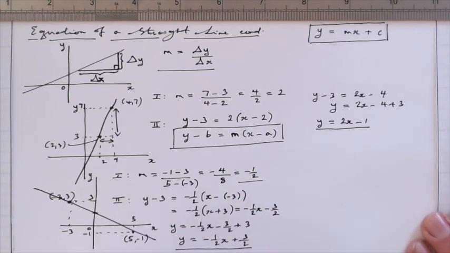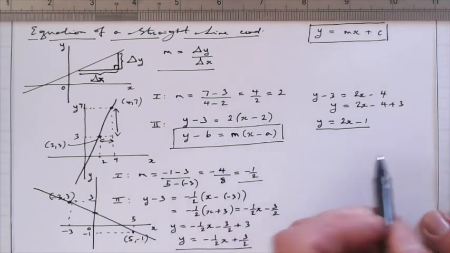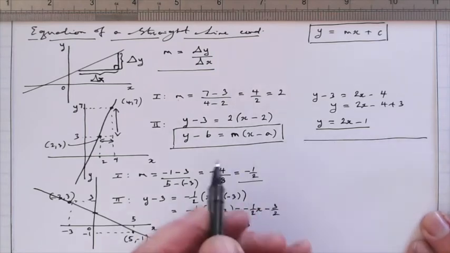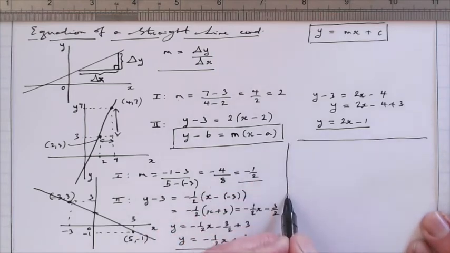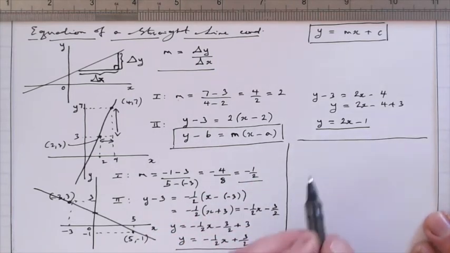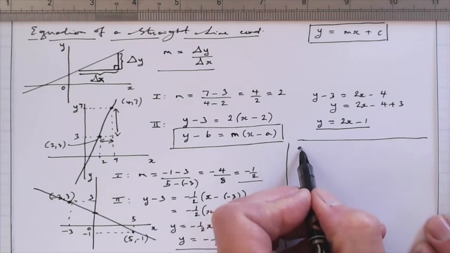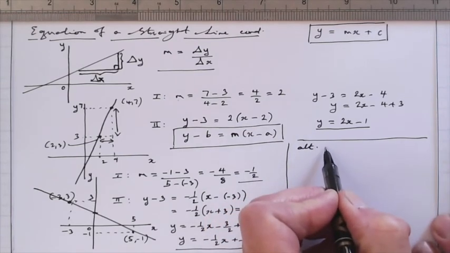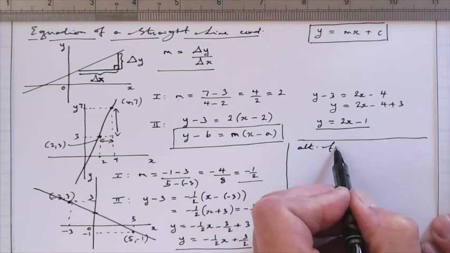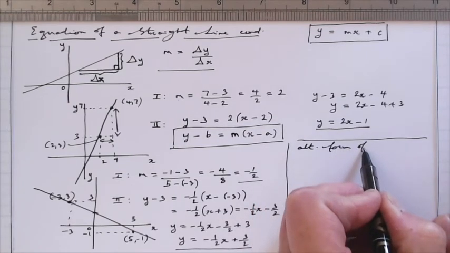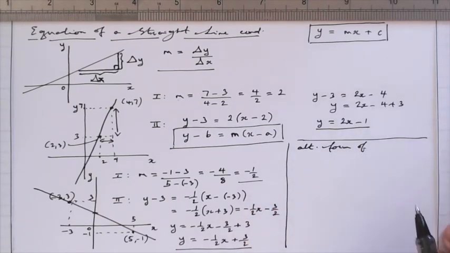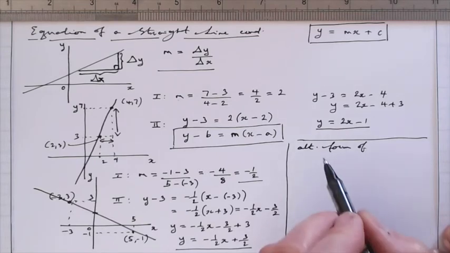So quickly, to finish this tutorial, I just want to mention an alternative form of the equation of a straight line. So I'm just going to make a little box here. This is a separate topic. You sometimes see the equation of a straight line written in a different way, and it can be very confusing.